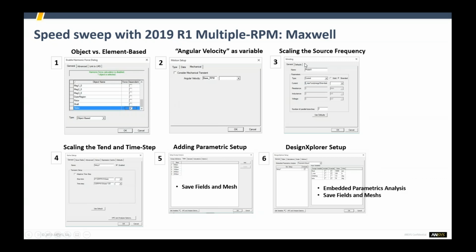It's also available for scaling the source frequency, and then scaling the end time and the time step, then adding the parametric study, and then sending that to Design Explorer, which is the embedded optimization tool.